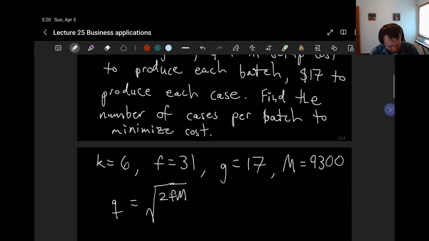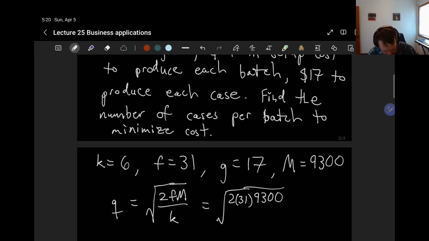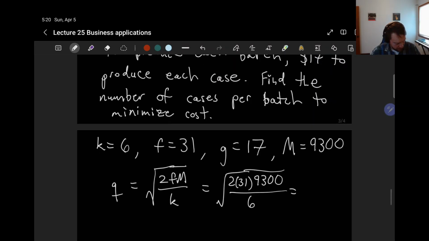Square root of 2FM over K. This will get us the Q, which minimizes our cost. Again, I'm not even using G, turns out. And should get 310. And so what I'm talking about here, remember, is cases per batch.